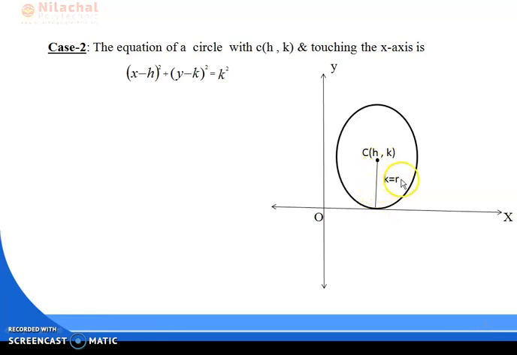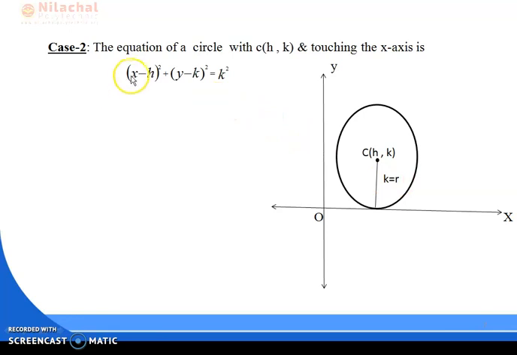By the definition of the circle, this distance is the radius, but by the graphical rule, this distance is k, because the center coordinate is (h, k). So we conclude that k equals r, or r equals k.